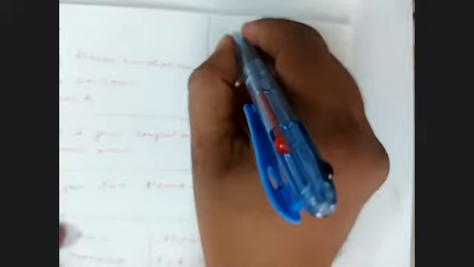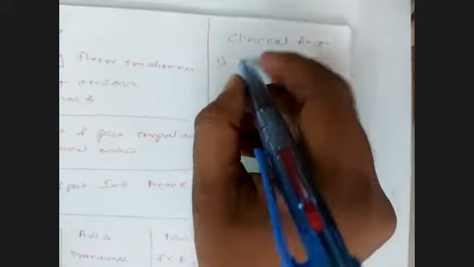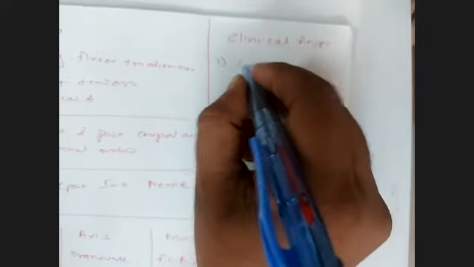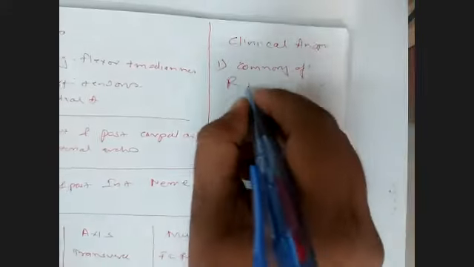Coming to the last component of the wrist joint, and that is the clinical anatomy. The wrist joint is very commonly affected in rheumatoid arthritis. So rheumatoid people have problems with the wrist joint, and the median nerve also is affected.